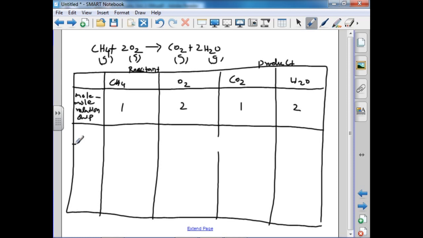The next one is molar mass. Molecular formula of methane: CH4, 1 atom of carbon and 4 atom of hydrogen, equal to 1 multiple with 12 plus 4 into 1 equal to 16 gram mole inverse.